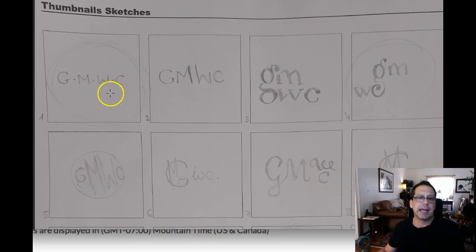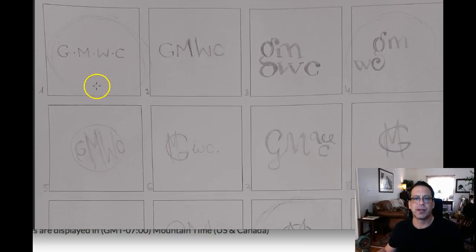So what I would suggest here is just removing the dot between the G and the M and the W and the C, and just leaving the dot as a separation in between the two. That way, the M is clearly associated with the G, and the W is clearly associated with the C. So you would have George Mason, then a little break, then Wellness Center. And I think that would make really good visual sense there.